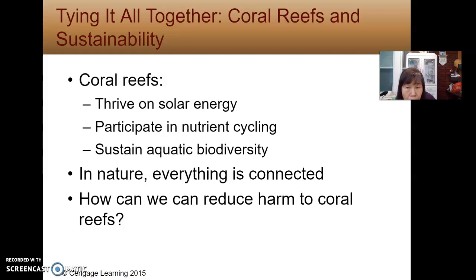So basically, the coral reefs are successful because they obey the 3 sustainability laws of nature, using solar energy, relying on nutrient cycling, and maintaining their biodiversity. So in nature, everything is connected. How can we reduce harm to coral reefs? There are many activities we can do to reduce or even recover the damage we have made in the ecosystem.